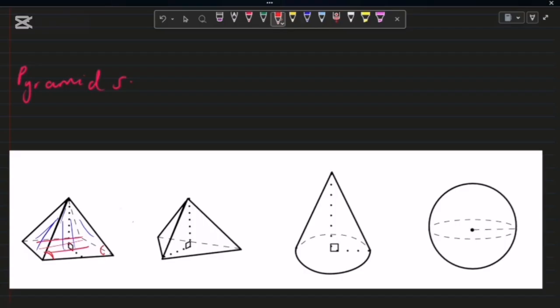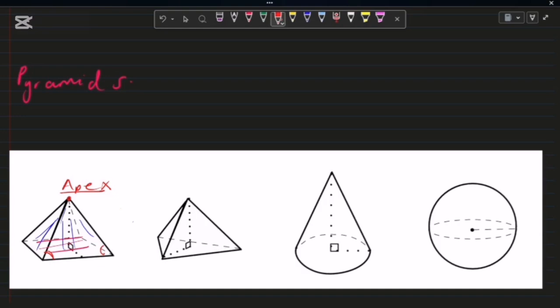Now, instead of having a base and a roof, here we only have a base, there is no roof. Instead of a roof, we have a point whereby all the other faces meet. We call this point the apex. Most importantly, the faces are not perpendicular to the base.